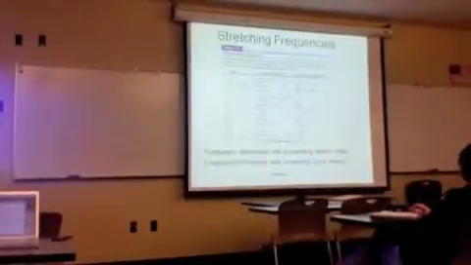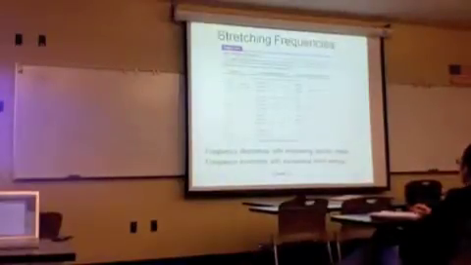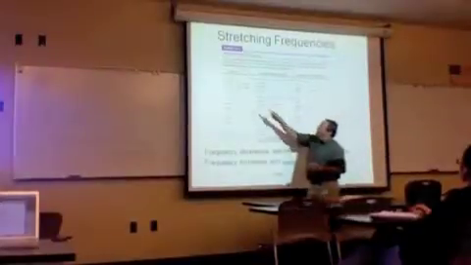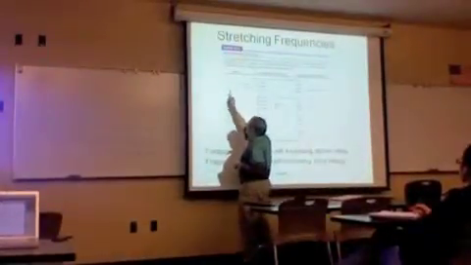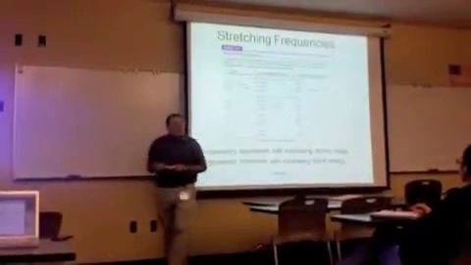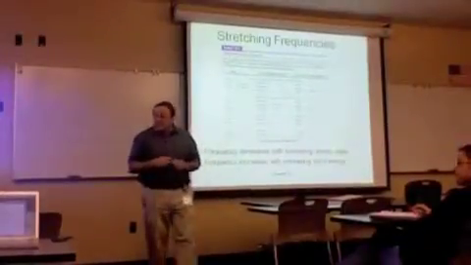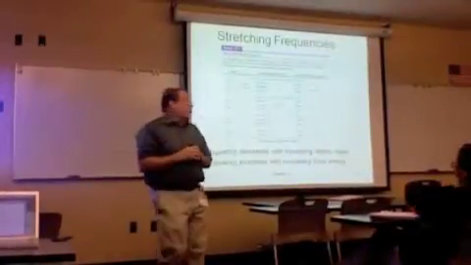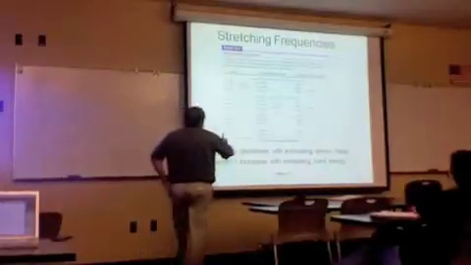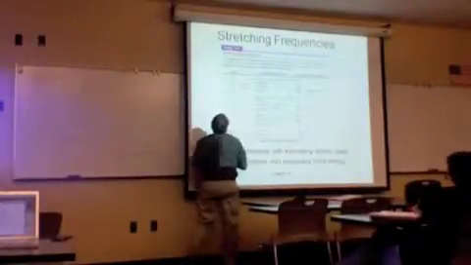Some characteristic frequencies and energies. Here we've got carbon-hydrogen, carbon-deuterium, and carbon-carbon bonds. What's deuterium? Heavy hydrogen. And it turns out that the mass of the vibrating atoms makes a difference.